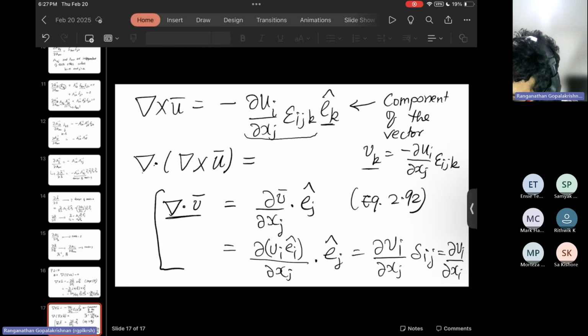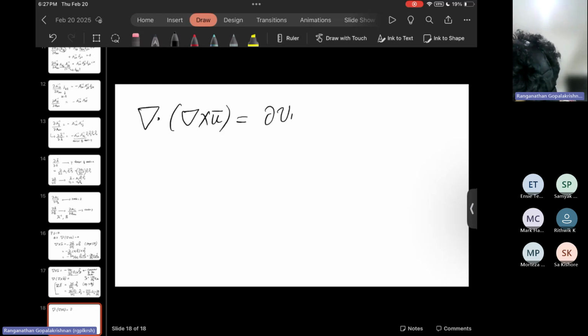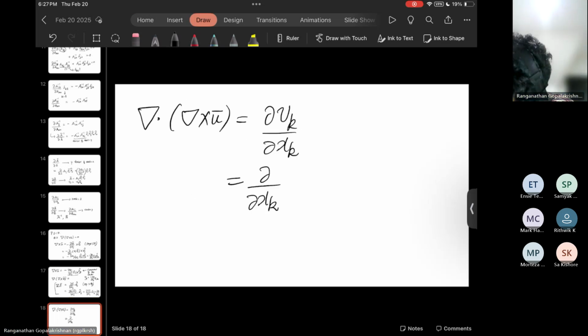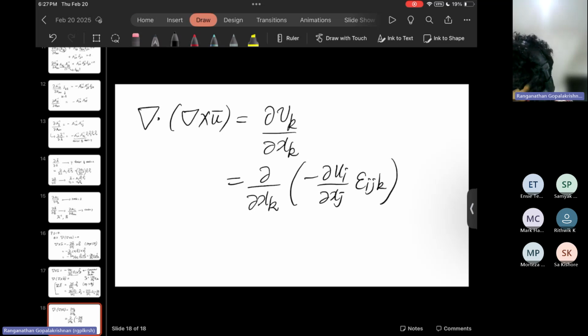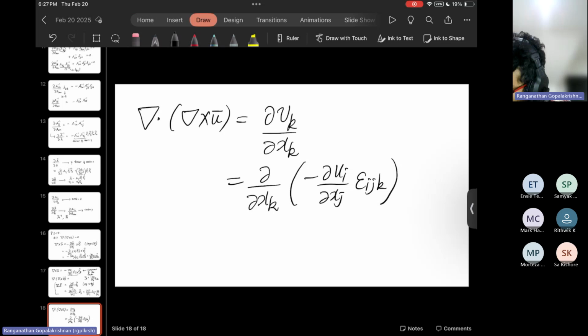So if I want to write the divergence of the curl of u, that is like writing the partial derivative with respect to xk of vk, which is minus partial of ui over xj, epsilon ijk.